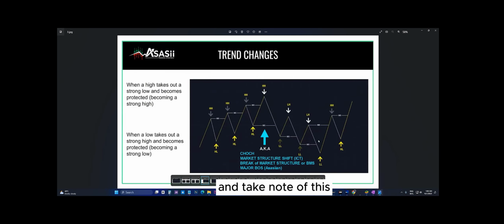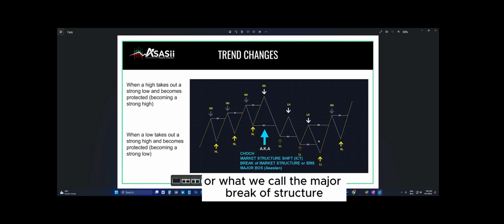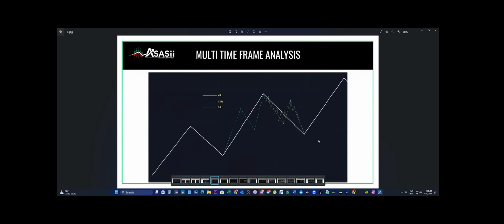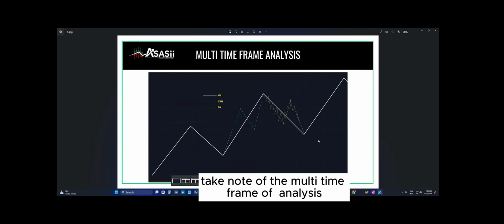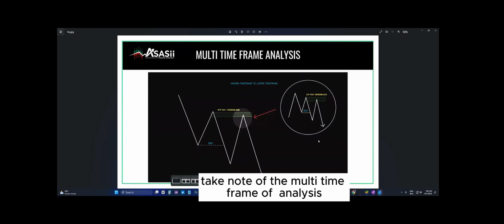And take note of this, the trend change, the chalk, the market structure shift, the break of market structure, or what we call the major breakup structure. Take note nyo rin, take note of the multi-time frame, okay, analysis.